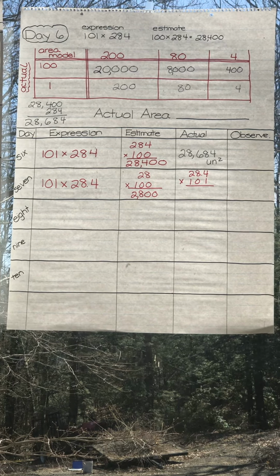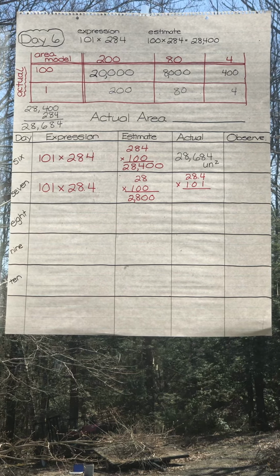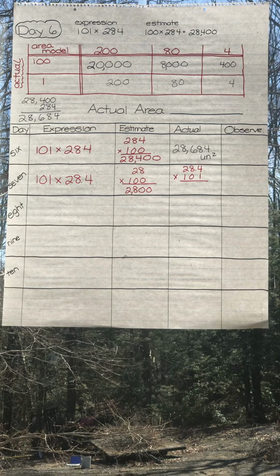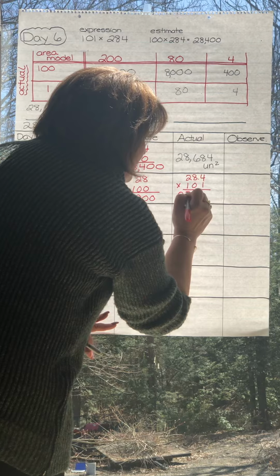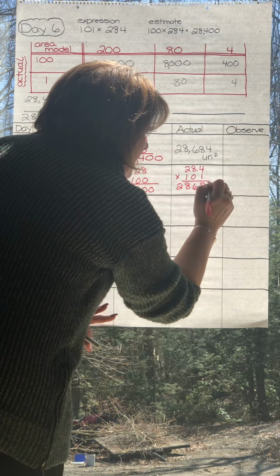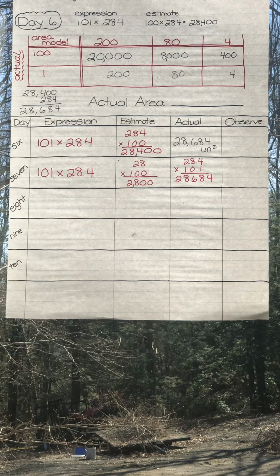And what we learned here is, if we have all the same digits, there will be all the same digits in our final product. So we're just going to write those in. 28684. And then we're going to decide where our decimal point goes.